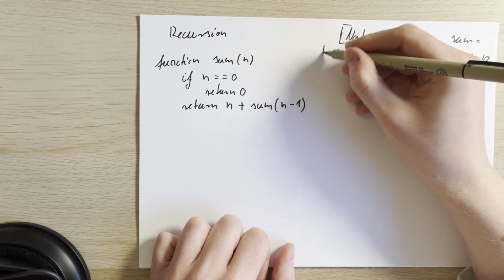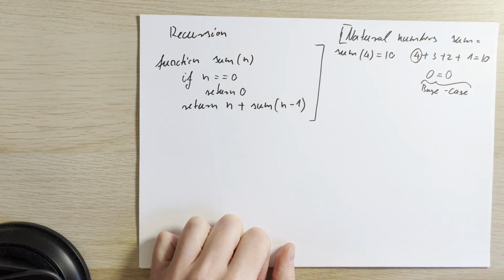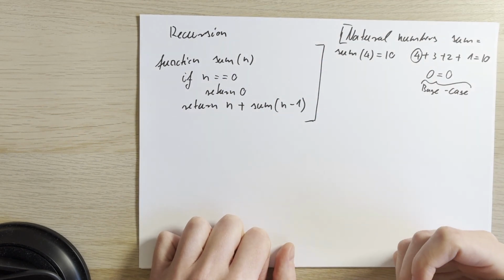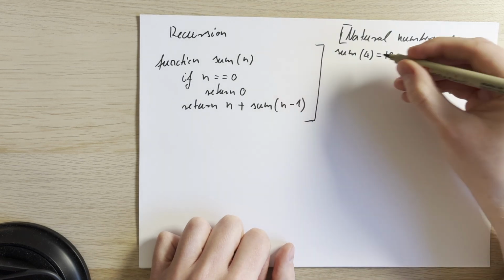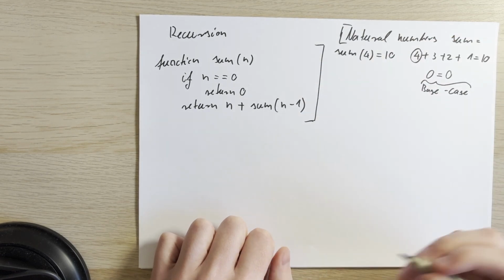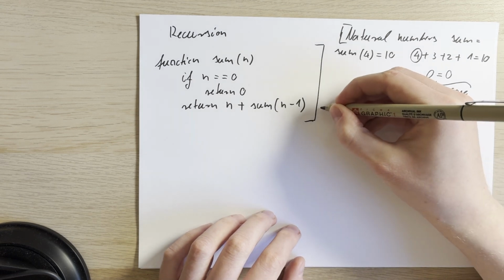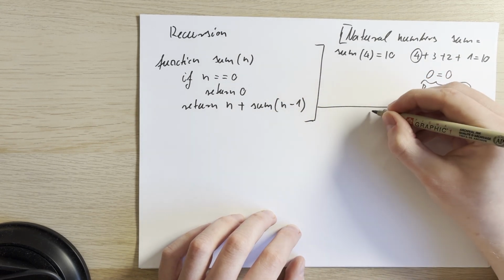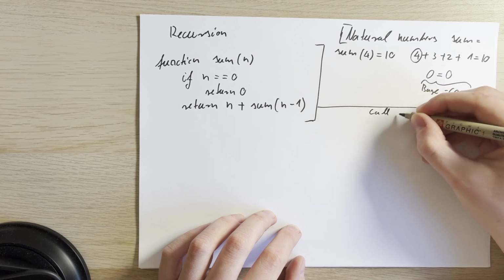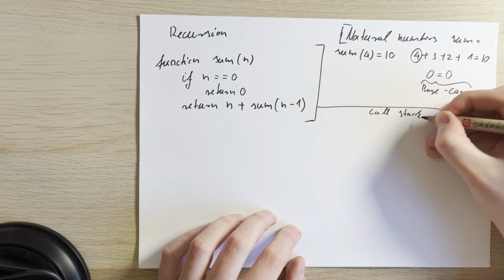We have the function body, and now let's take the example that I mentioned before. This is going to be our call stack.